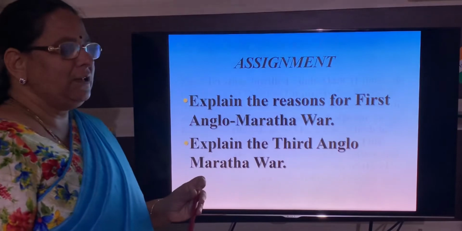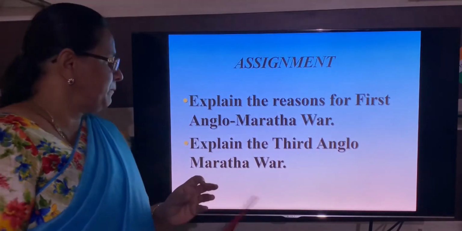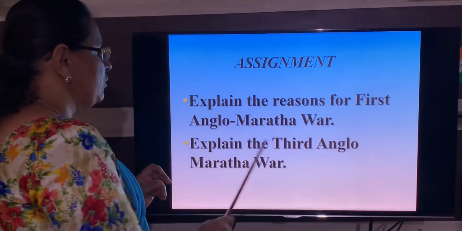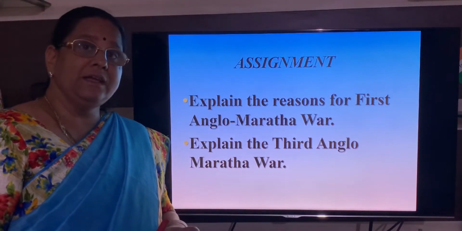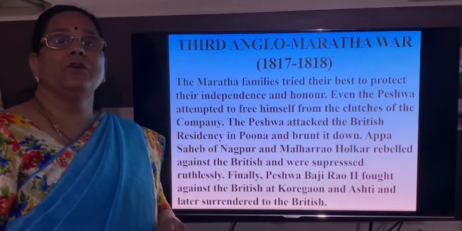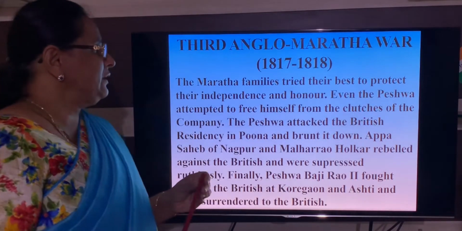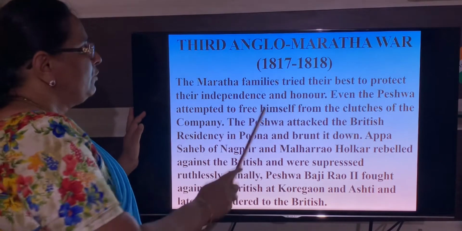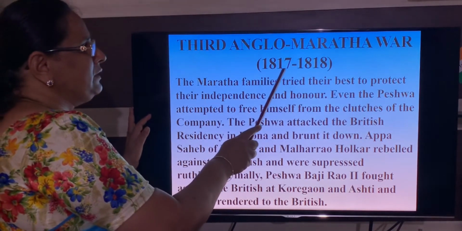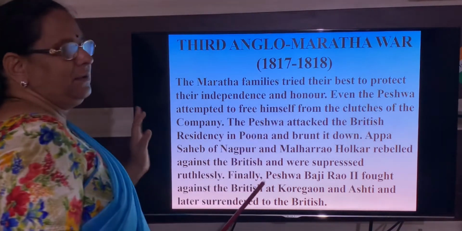So here the second question, it's regarding the third Anglo-Maratha War. You have to explain detailing about the third Anglo-Maratha War, starting from in which year it was fought. Fought in the year 1817 to 1880.